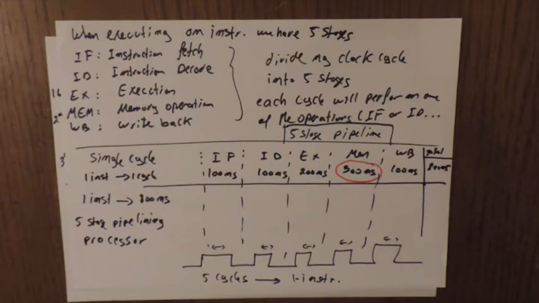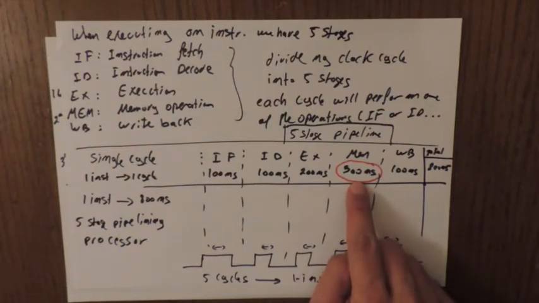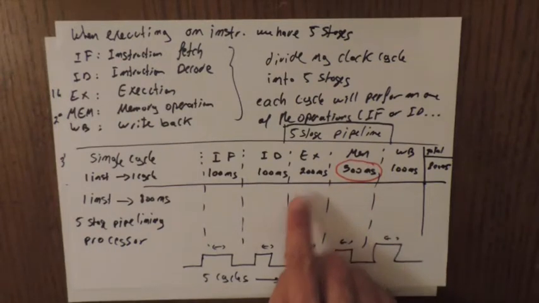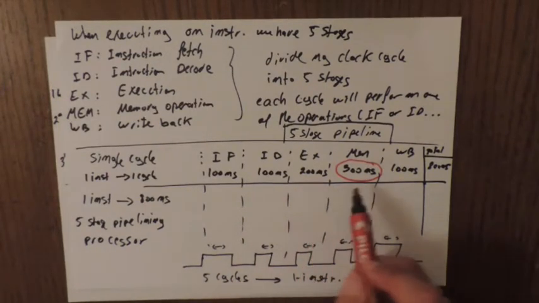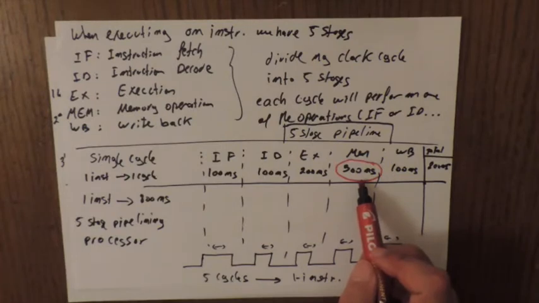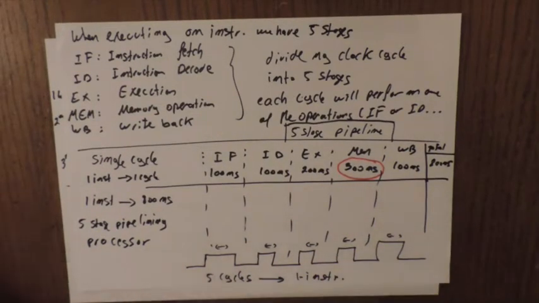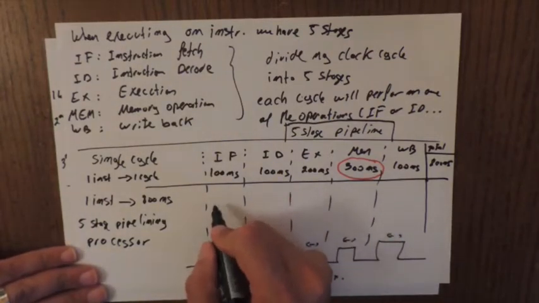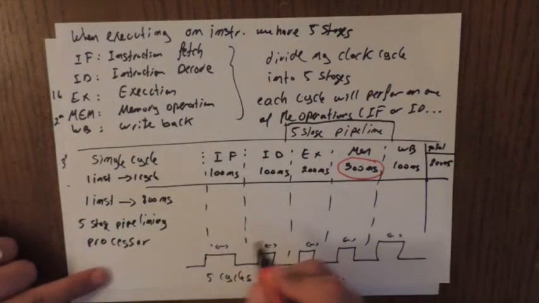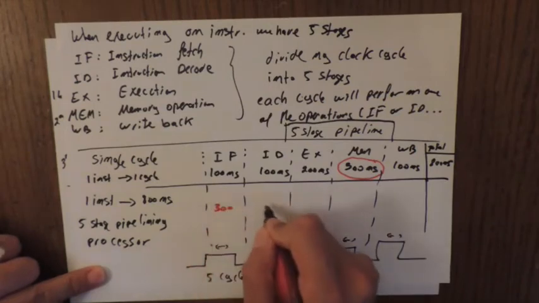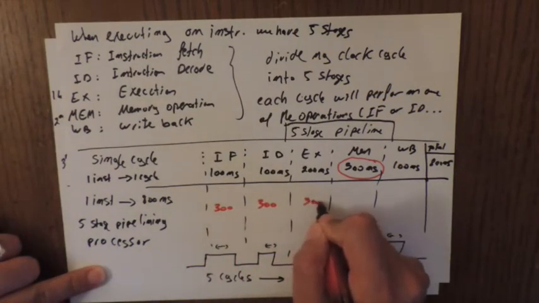This is because with the 300 nanoseconds, I cannot use a smaller one, because if I use a smaller one, then I don't have enough time for the memory to perform its tasks. So in this case, what I need to do is that all of these instructions will be the same. So now I have, this will be, let me write in a different color. So this will be 300 now, 300, 300.